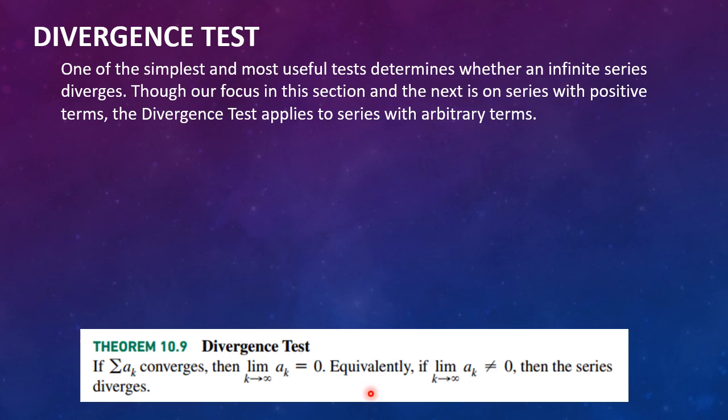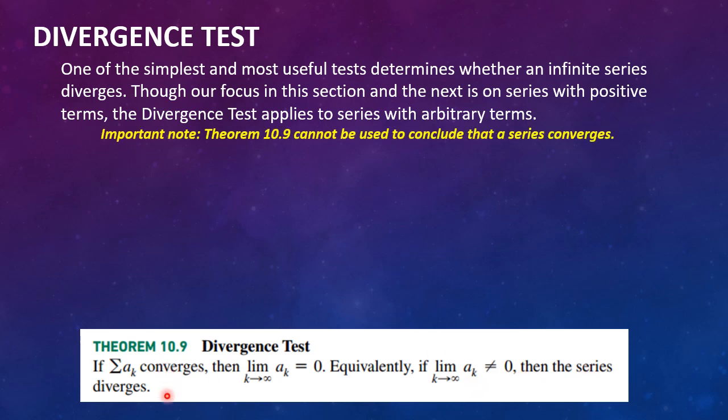Equivalently, if the limit as k goes to infinity of a sub k does not equal 0, then the series diverges. And this is why it's really a divergence test, because what it's saying is if the series converges, then all of the members in the partial sum, as we get out to infinity, are going to 0, okay?